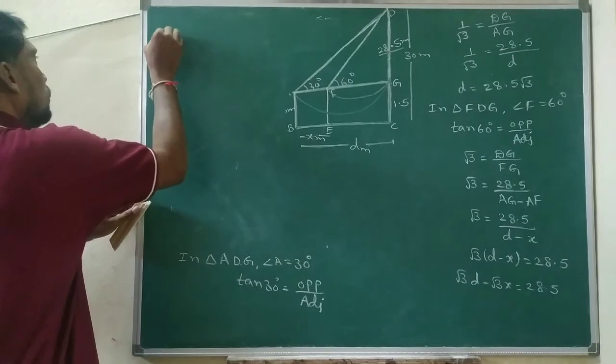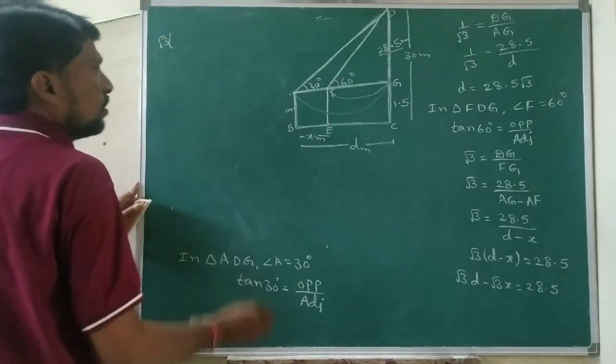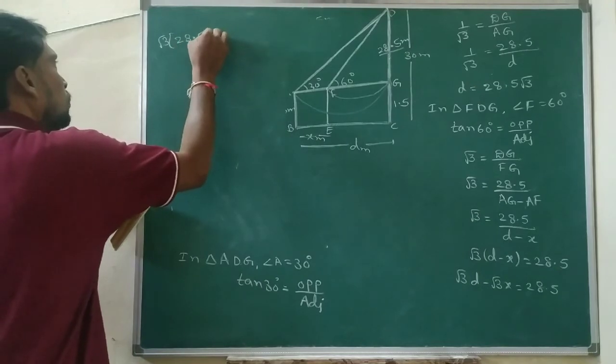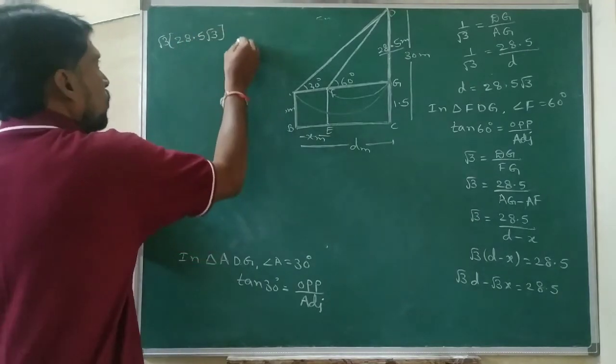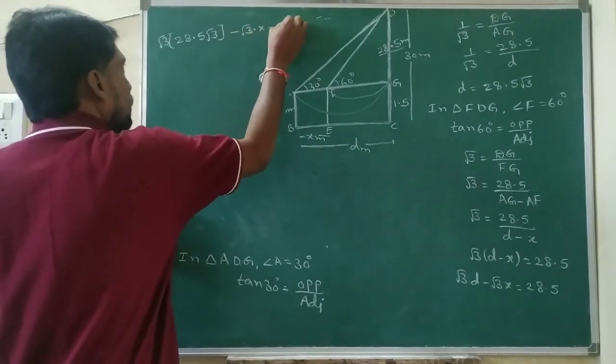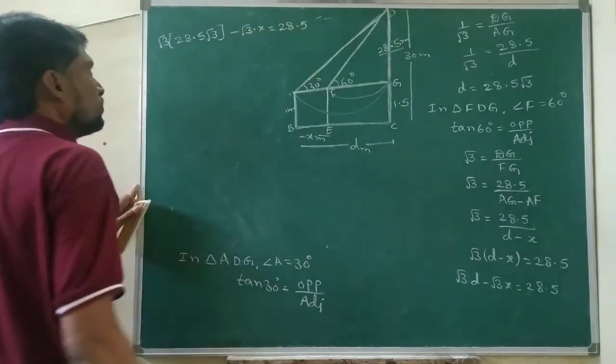So root 3 into the D value we got, 28.5 into root 3, minus root 3 into X equals 28.5.